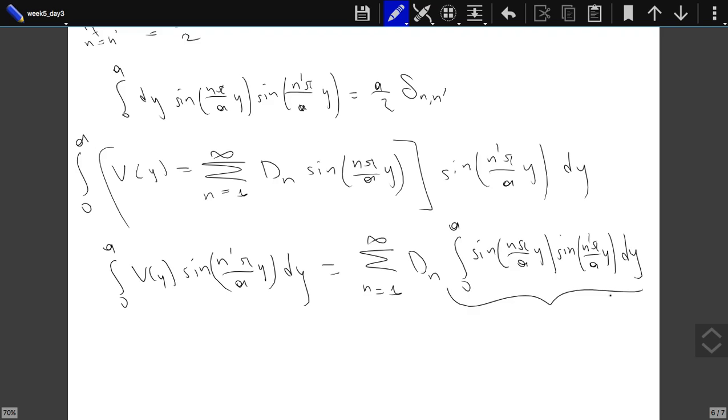That integral is nothing but a over 2 Kronecker delta n n prime. But that Kronecker delta just tells me that in the summation from 1 to infinity, I should only keep the term n is equal to n prime. So a over 2 times dn prime is equal to the integral from 0 to a of v of y sine of n prime pi over a y.